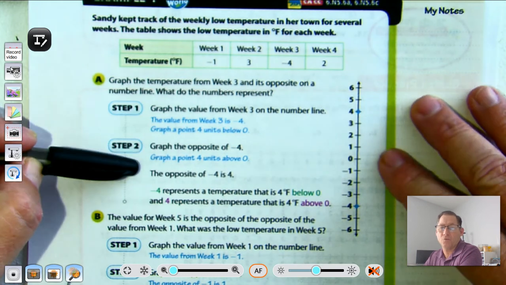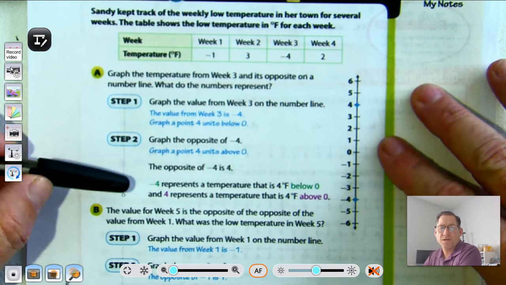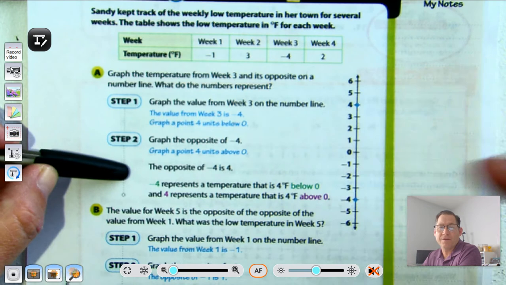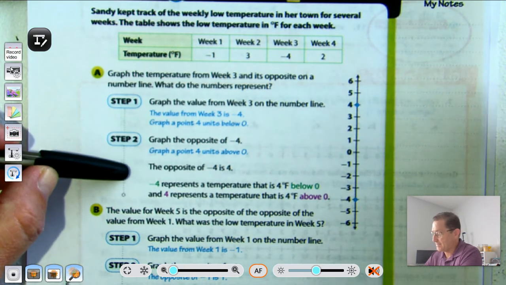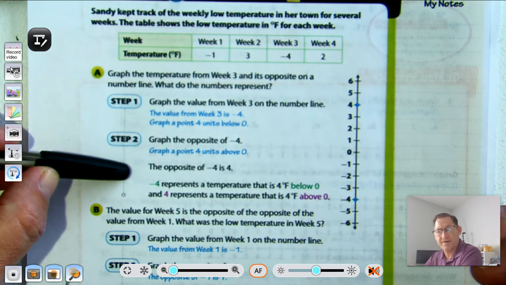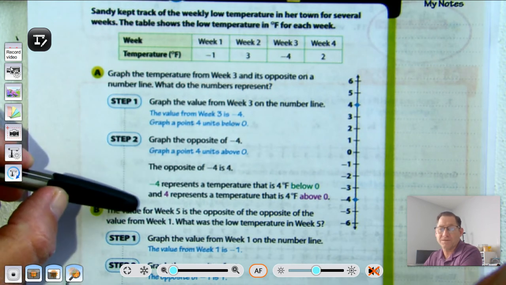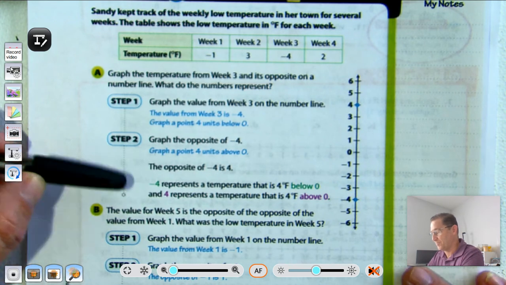And the opposite of negative 4 is 4. So what do they represent? Negative 4 represents a temperature that is 4 degrees Fahrenheit below 0. Positive 4 represents a temperature that is 4 degrees above 0.